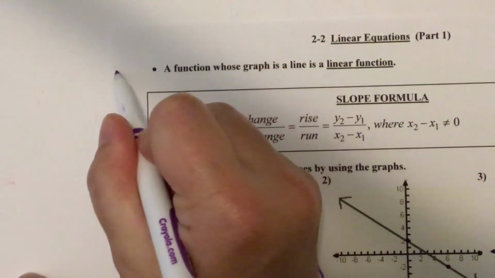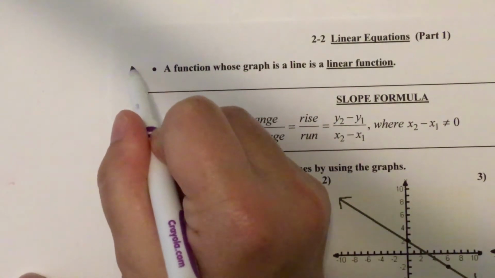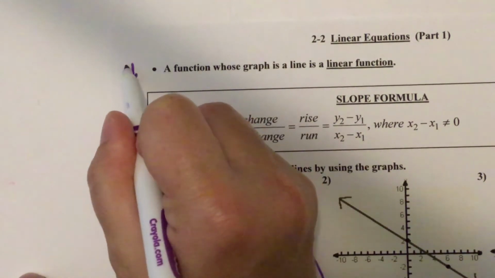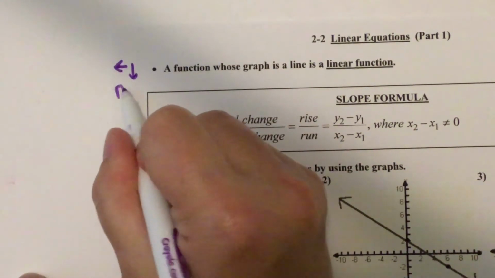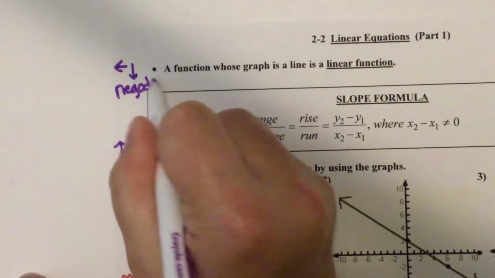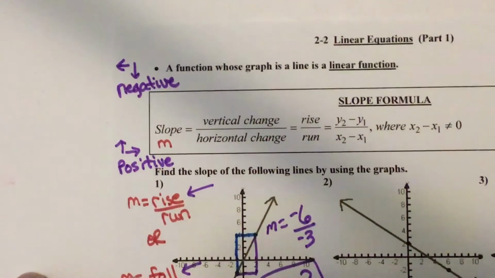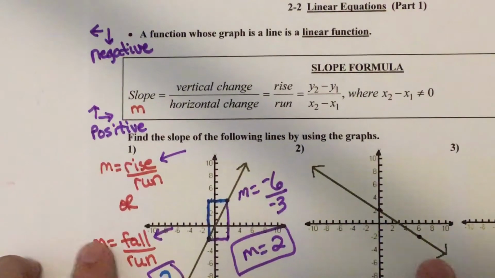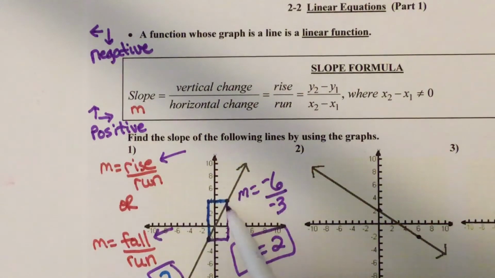But if you ever count down or left, those are negative motions. So when I counted down, that was negative, and when I counted left, that was negative. Okay.